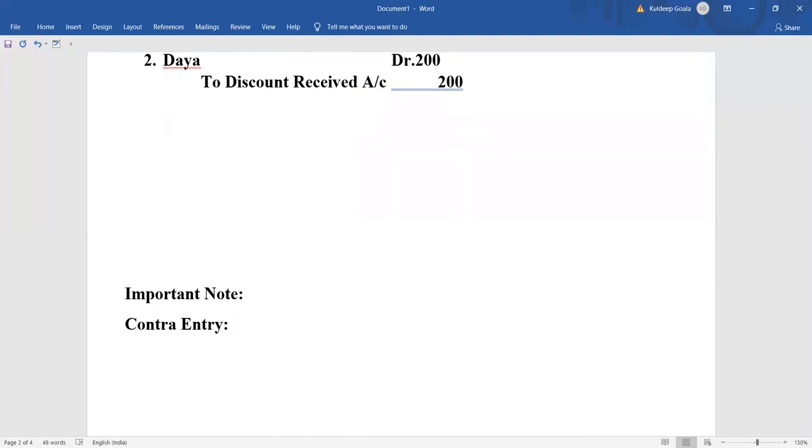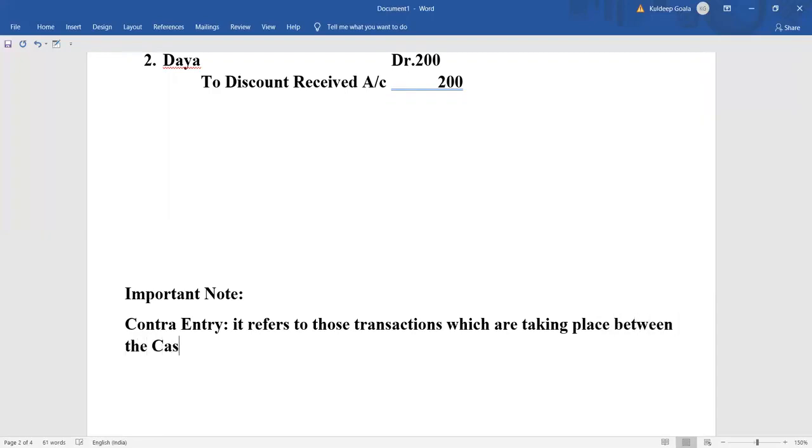Contra entry refers to those transactions which are taking place between the cash book and the bank, that is, the cash and the bank column. Okay, cash and bank, the transaction that will take place between cash and bank.